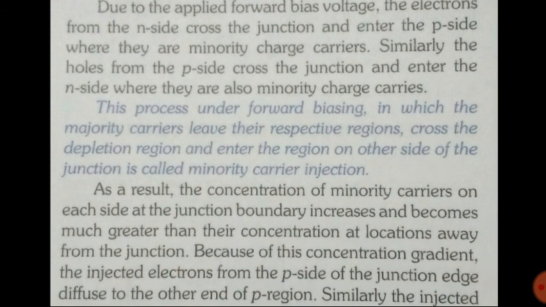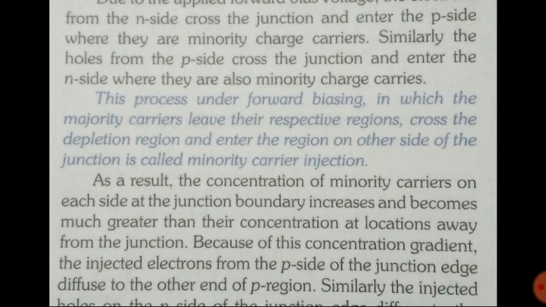The process under forward biasing, in which the majority carriers leave their respective regions, cross the depletion region and enter the region on the other side of the junction, is called minority carrier injection. As a result, the concentration of minority carriers on each side at the junction boundary increases and becomes much greater than their concentration at locations away from the junction.